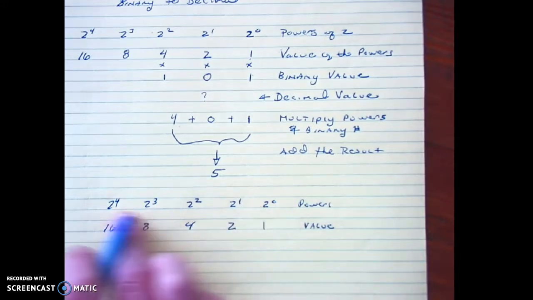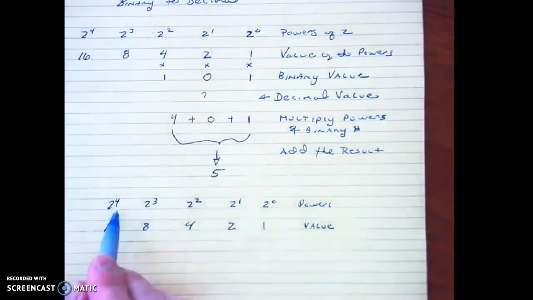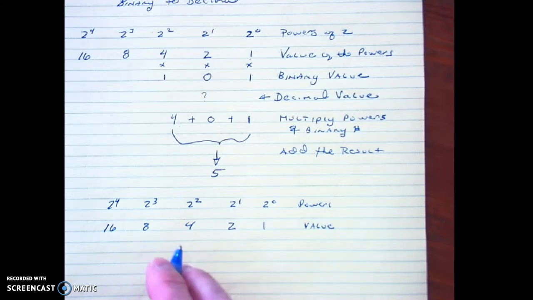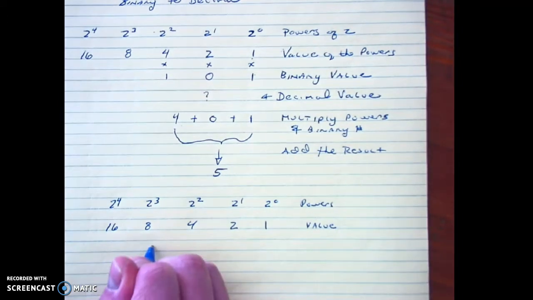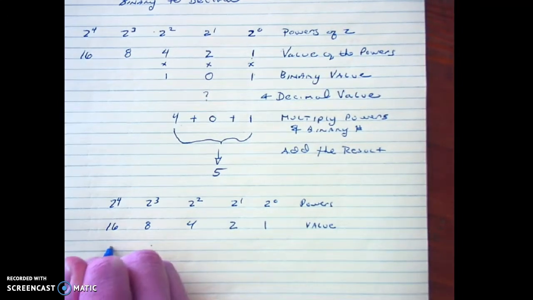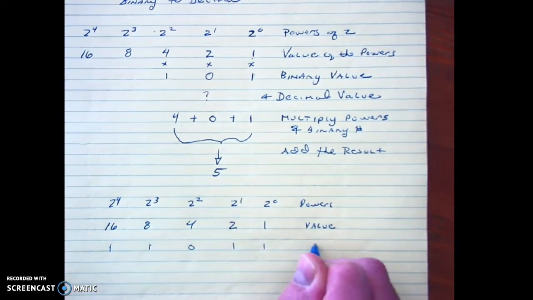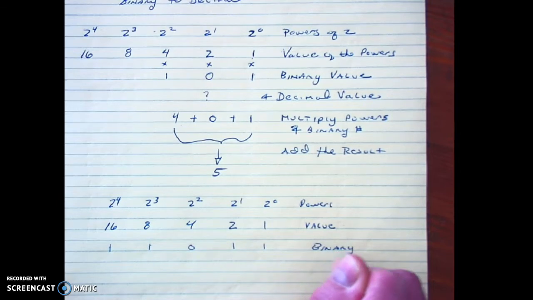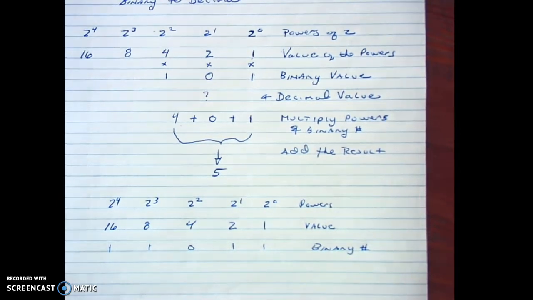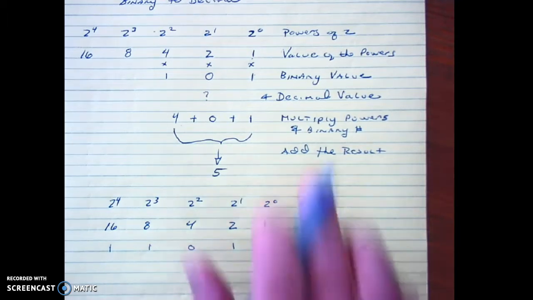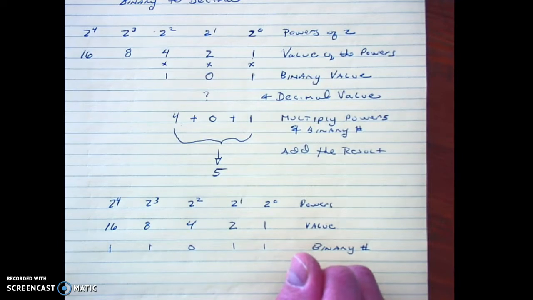We're using 2 here because remember, binary is base 2, so it's 2, 2, 2, 2. Now let's get a real fancy one here. Let's go with 1, 1, 0, 1, 1. That's our binary number. Now we want to convert it and find the decimal value. So what we're going to do is multiply the powers.